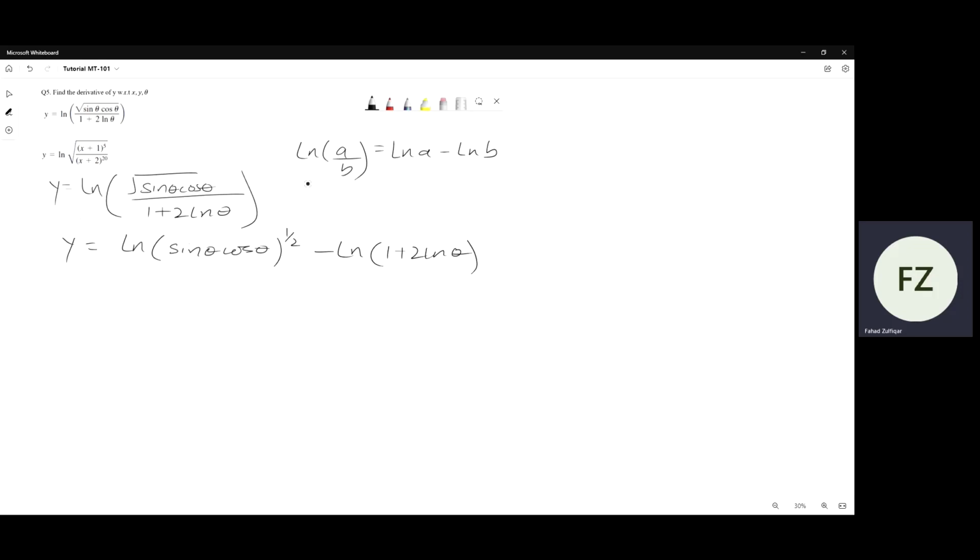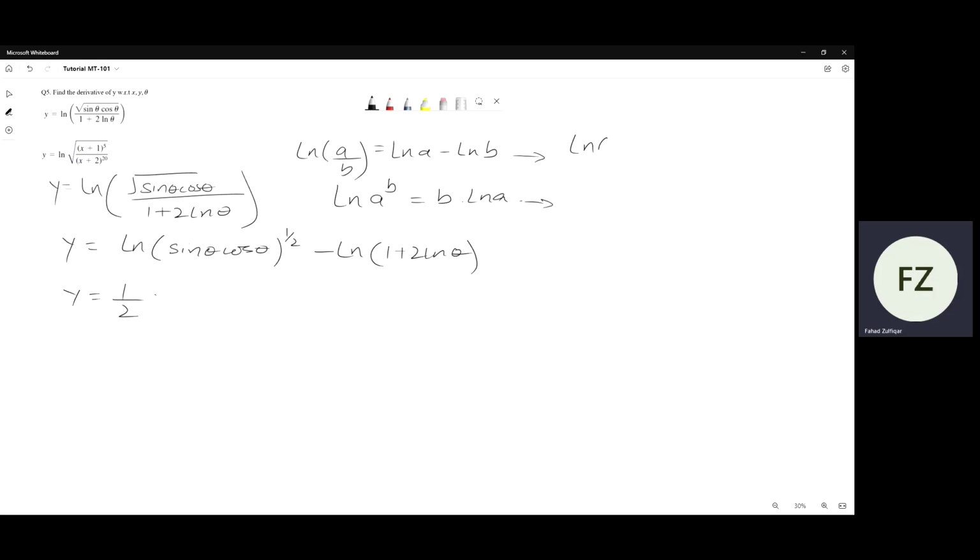As you know, ln of a power b is actually equal to b dot ln of a. We'll be using this property in the first term, and this property we've used already, and we can just directly derive it. So this comes out to be y equals 1 by 2 dot ln of a dot b.